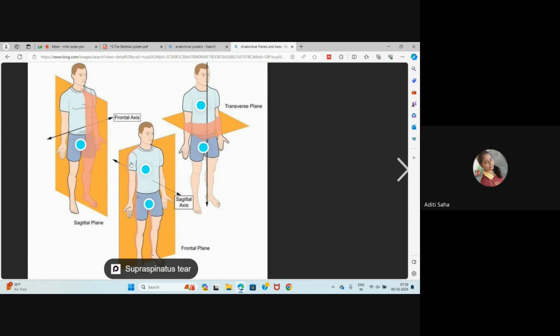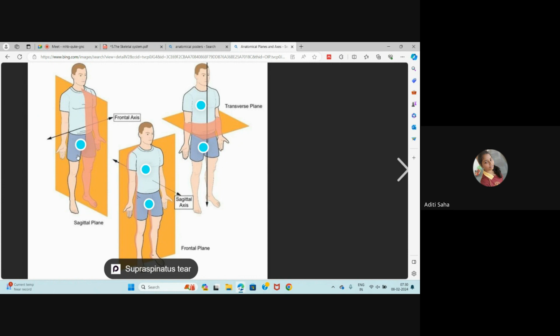And these are the anatomical planes. Like the midline, as we have assumed, which divides our body equally from inside into left and right. Now you can see that this plane is dissecting the human body into left and right.